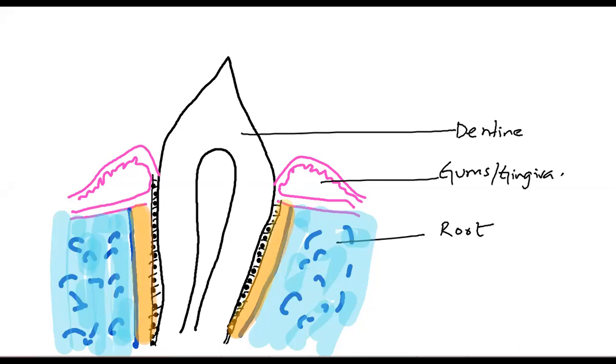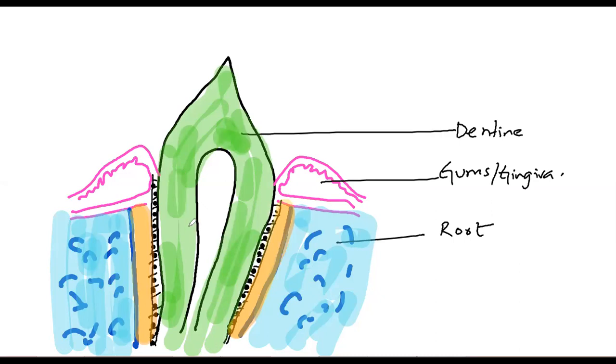Suppose you are eating tough food, then you have to put what? More cement. Understood? So the degree of deposition of cement is directly related to what? It is directly related to the type of food you eat. Suppose you are eating tough food, like raw vegetables. So the tougher the food you eat, the stronger your teeth will become. Why? Because there will be more cement.